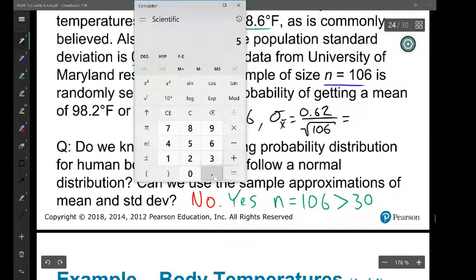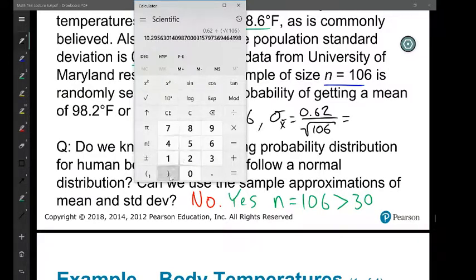So let's compute that. 0.62 divided by square root of 106. 0.0602.